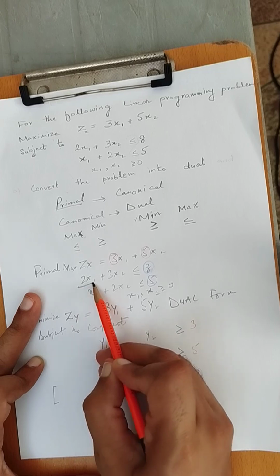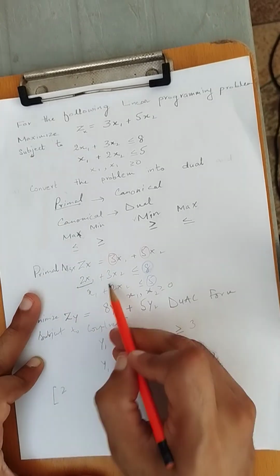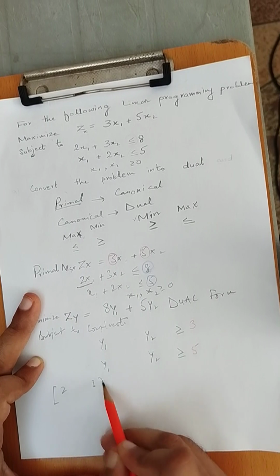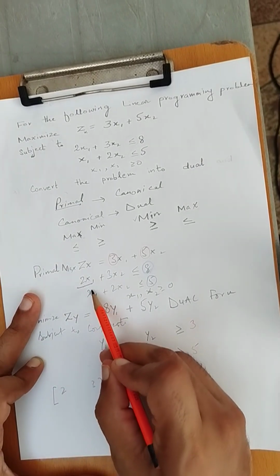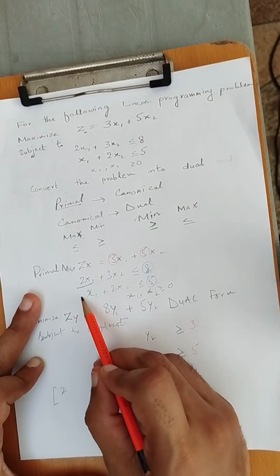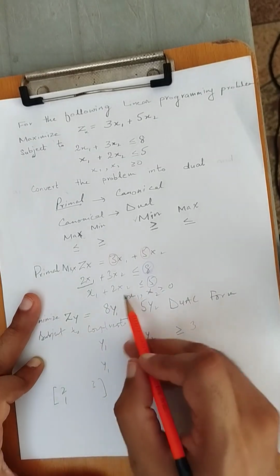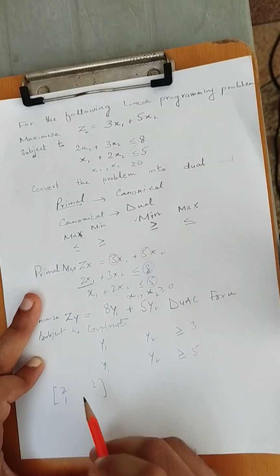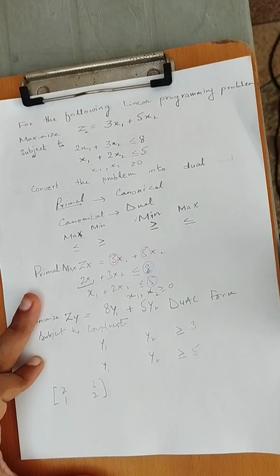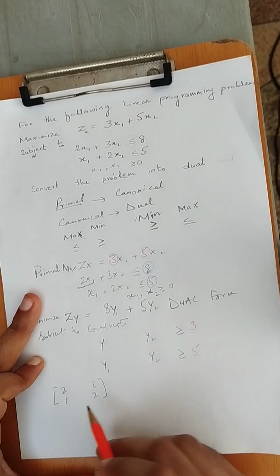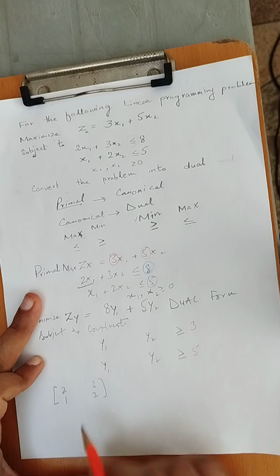First coefficient 2 is here. Second, 3 is here. And over here you see 1. When nothing is written, it is 1. And over here it is 2. So this is the matrix form of the coefficients.